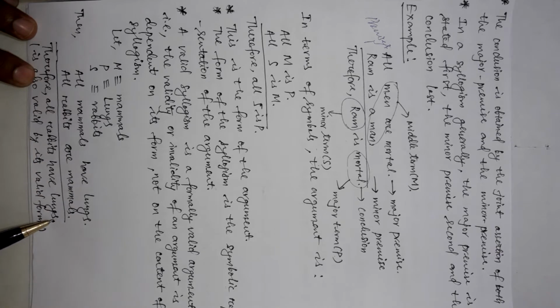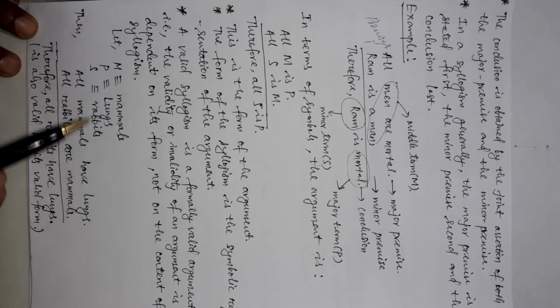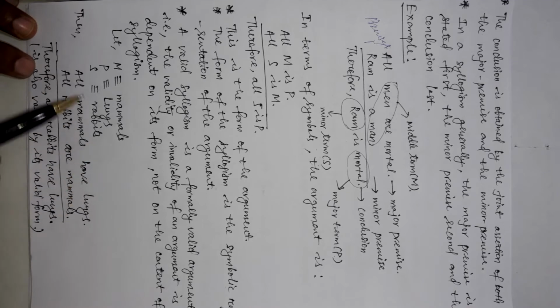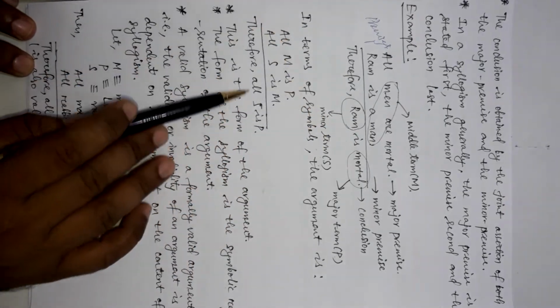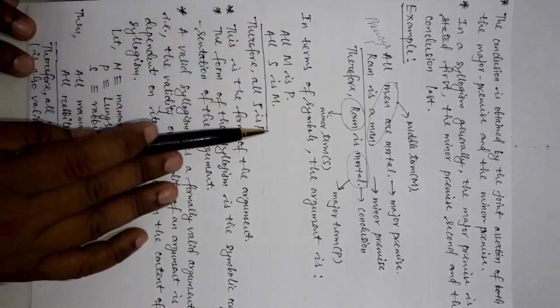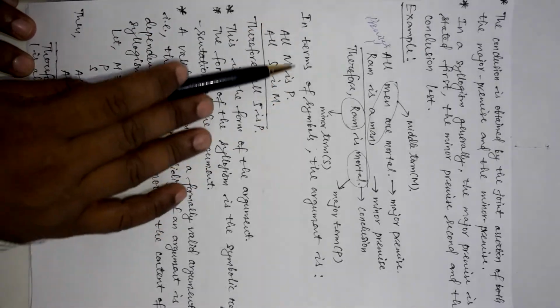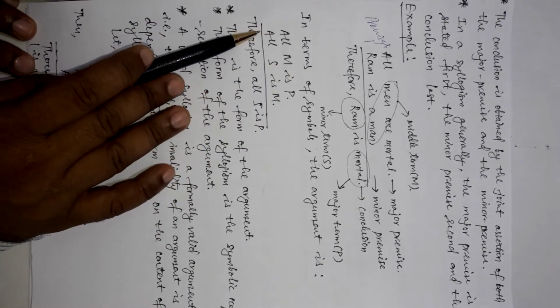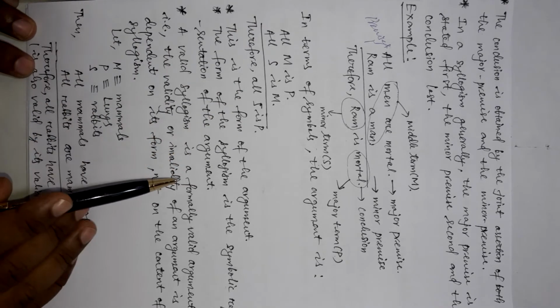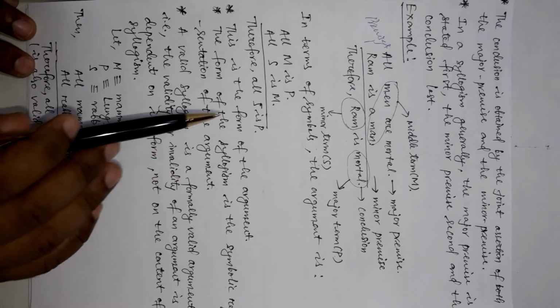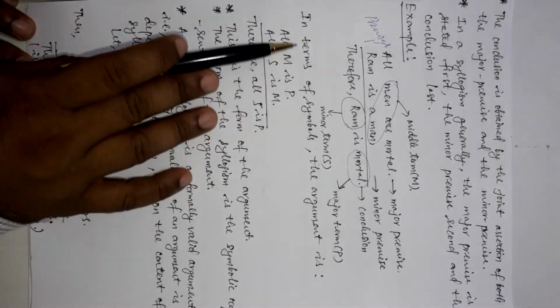Now, this new argument or syllogism is also valid because it is obtained by putting different values into the valid form of the syllogism. So, whether a syllogism is valid or invalid depends only on its structure.